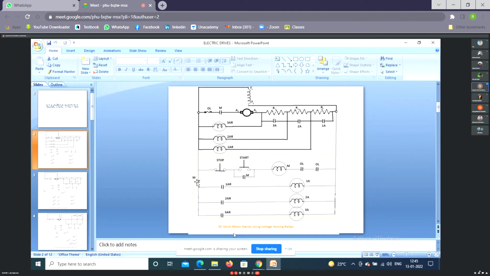In this circuit, we have three contacts of relays 1A, 2A, 3A. 1AR is a contact of this relay, 2AR is a contact of this relay, 3AR is a contact of this relay. These are voltage sensing relays.